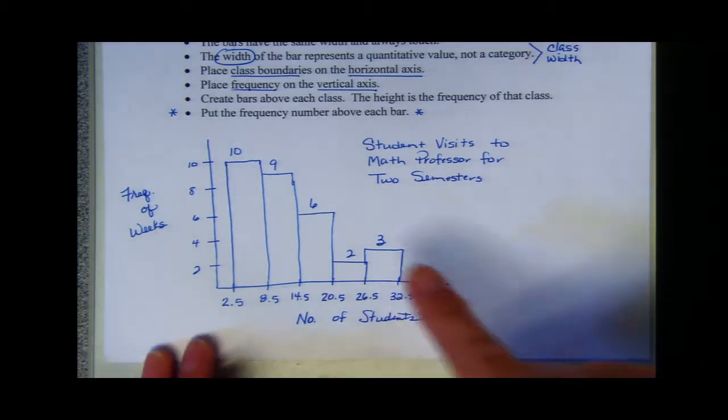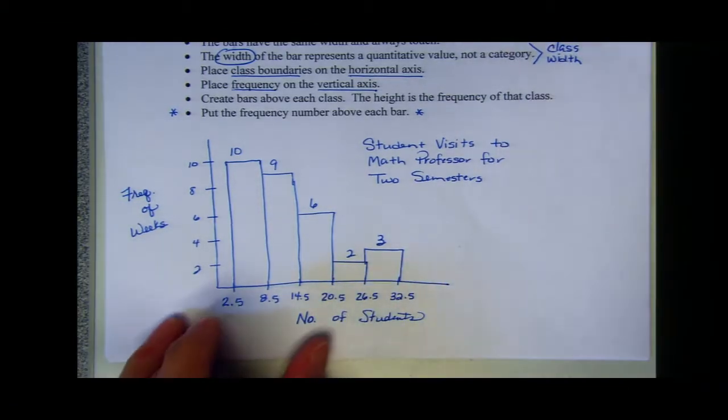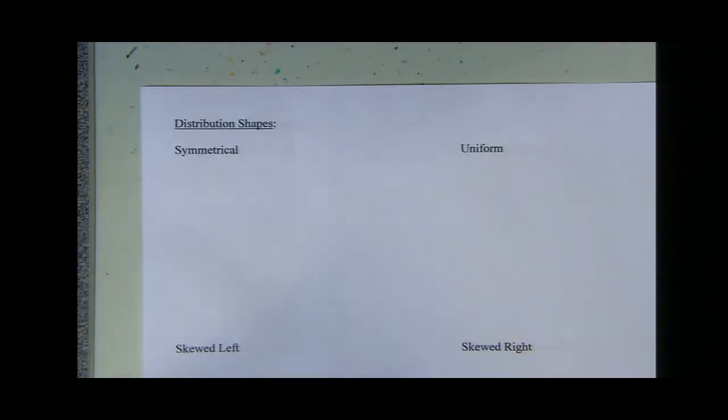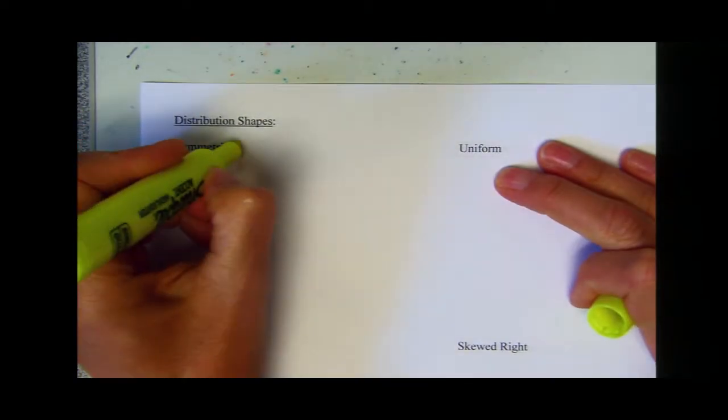Okay, now, bar graphs can take on particular shapes. This is covered in the book, so I want to give you an idea of these different distribution shapes and what they would look like. So, the first one is symmetrical.